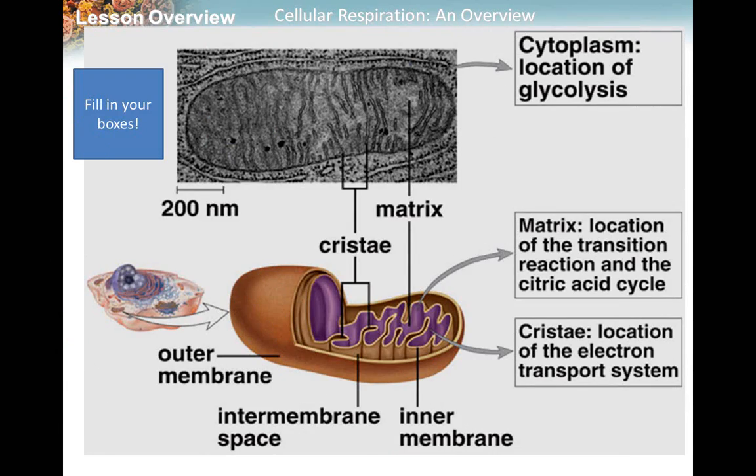This picture you should be able to fill out in your guided notes. You need to know that glycolysis happens in the cytoplasm. The dark image at the top of the screen there is a mitochondria. And I'm showing you also here where the matrix is and where these other 2, the Krebs cycle and the electron transport chains, are actually happening.